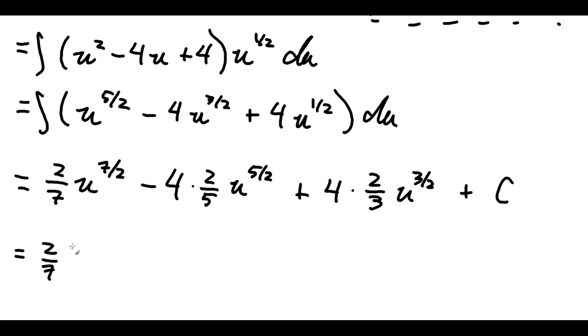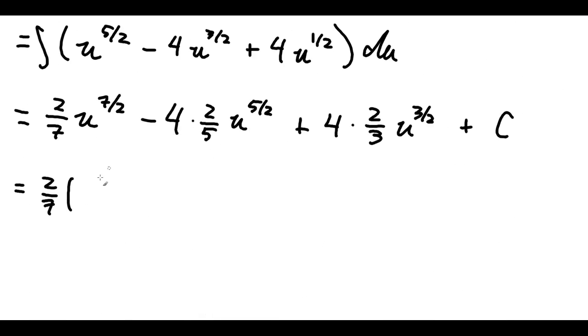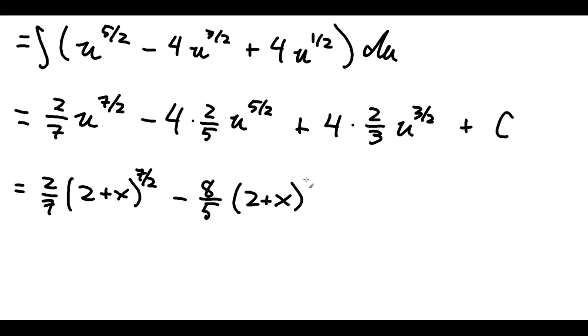So this is 2/7 times, let's see what u was. U is equal to 2 plus x. So that is 2 plus x to the 7 halves power. Minus, simplifying this fraction, we have 8/5 times 2 plus x to the 5 halves power.